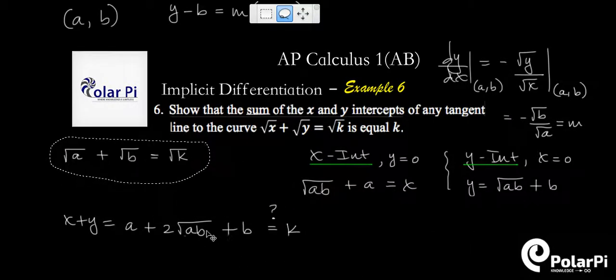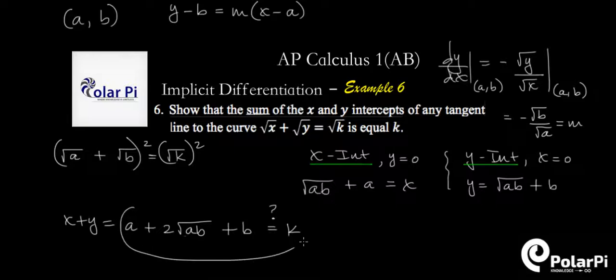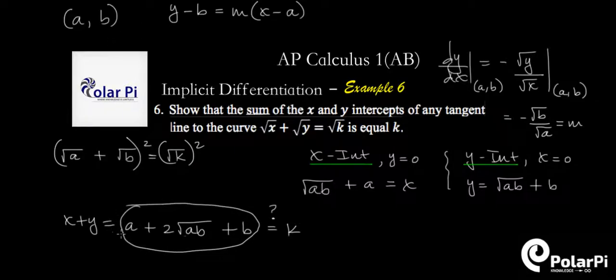So what we're going to do is take this equation, which we know has to hold true, and then square both sides, and surely the right side will equal k, and hopefully the left side is going to equal 2 eager. That is it? Yes, it is, right?